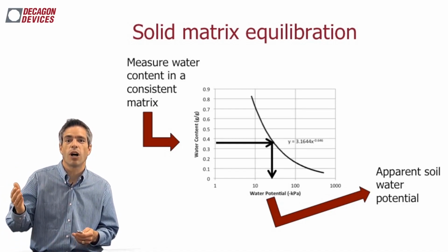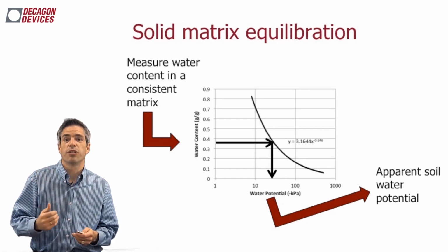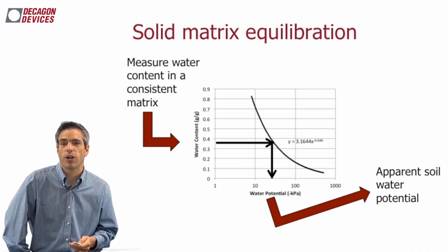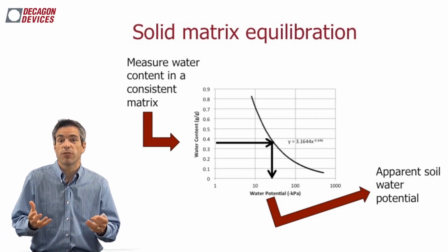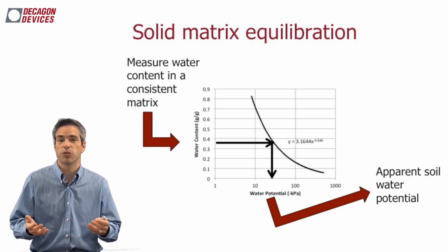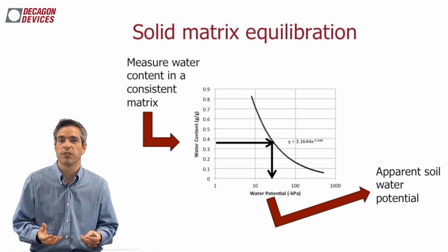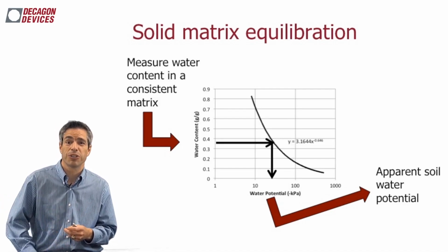Go down to the water potential. If we know this relationship, we can then measure that water potential, and eventually we get out of the sensor something you never see if you use them, this apparent soil water potential, which is what we wanted to get in the first place. But it all comes through this relationship, the soil water characteristic curve.